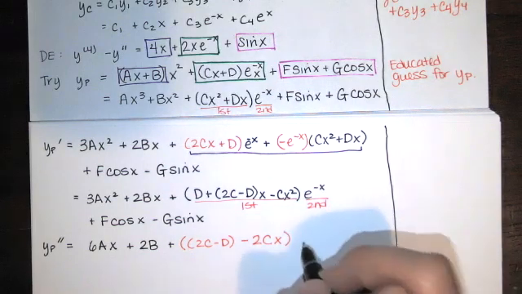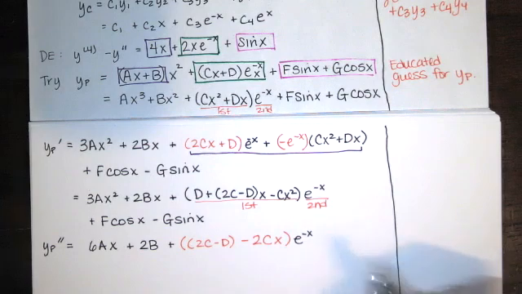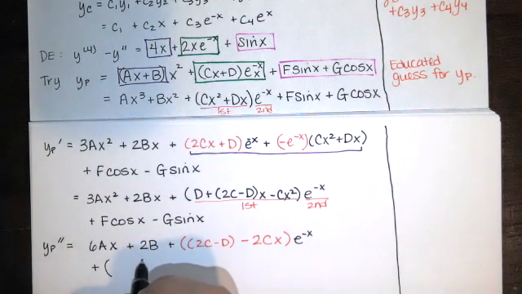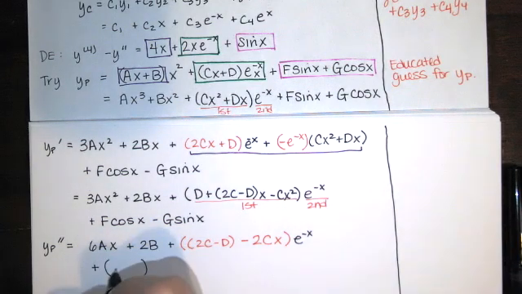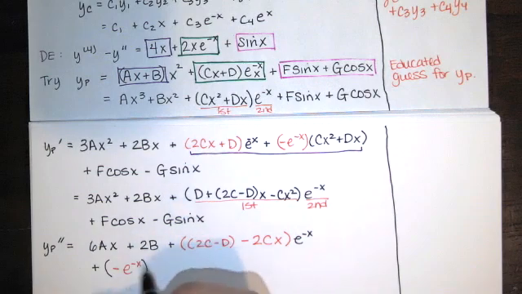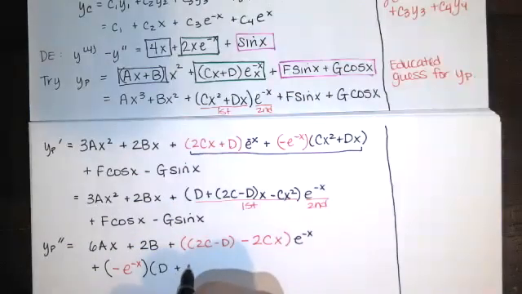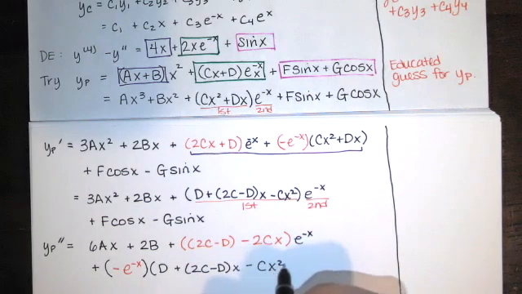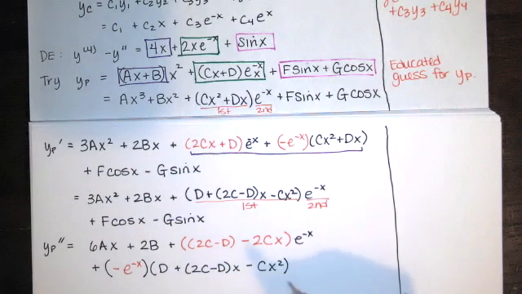So it's derivative of the first, multiplied by the second. Then we add the derivative of the second. Derivative of e to the negative x is e to the negative x times the derivative of the inside times the first. Okay, and then the derivative of cosine of x is negative sine of x.